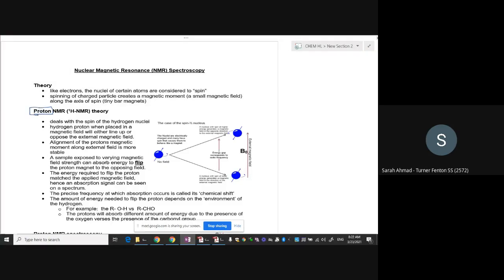The cool thing about studying proton NMR is that now I can think about the proton environments that are surrounding a carbon and its neighbor, let's say. And the very cool part about this is now I can figure out exactly how many hydrogens I have per carbon, and I also know how the neighboring hydrogens are influencing these hydrogens, and I can figure out information about the carbon next to it. So a lot of cool implications.